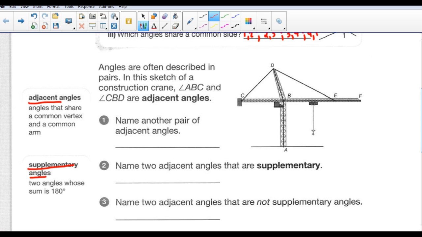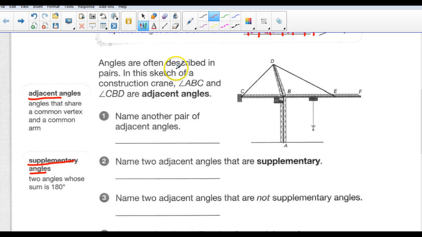Okay, so let's see it in action. Angles are often described in pairs. In this sketch of a construction crane, you can see there's lots of angles in here. Angle ABC, so we go A, B, C, okay? And CBD are adjacent angles because they share this arm in common. So name another pair of adjacent angles.